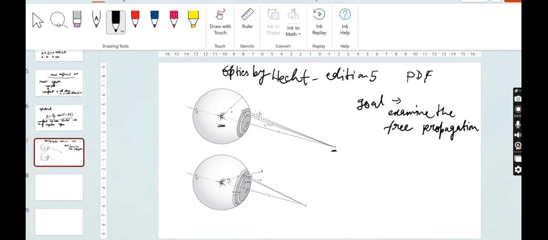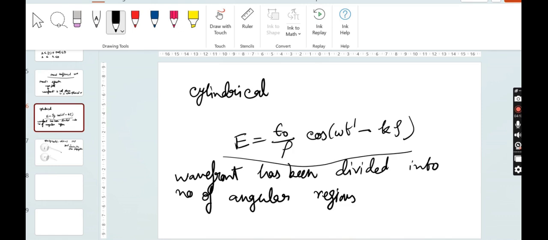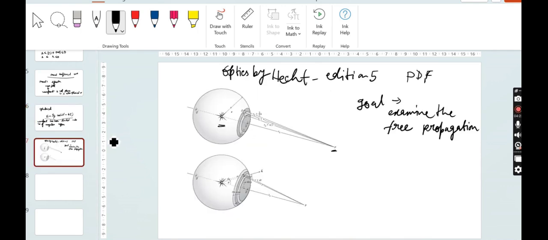Now we have divided the wavefront into a number of angular regions. The boundaries of the various regions correspond to the intersection of the wavefront with a series of spheres centered at P of radius r0, r0 plus lambda by 2, and so on.